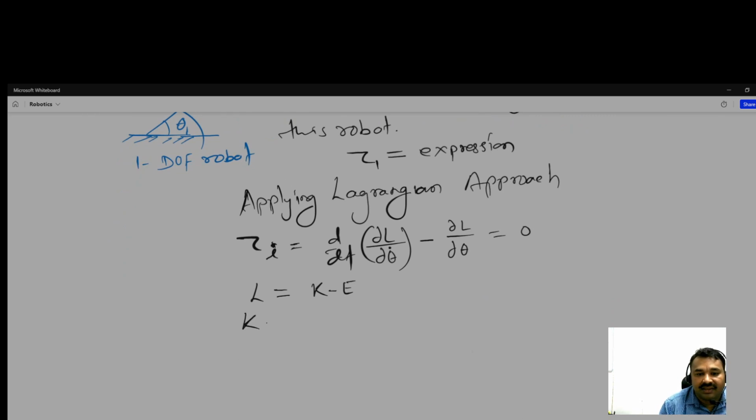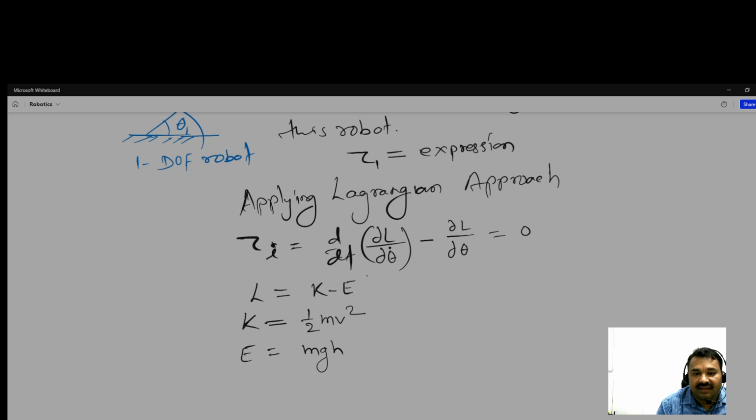So L is K minus P, and K, as already discussed, is kinetic energy, which is 1 by 2 m v square. And P is equal to m g h here. Now, what is V?